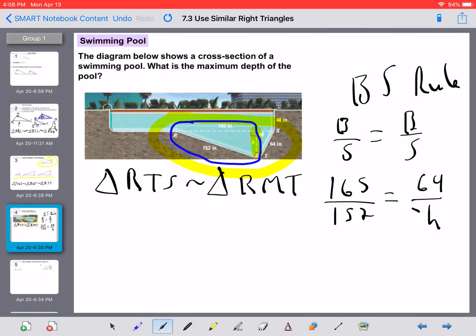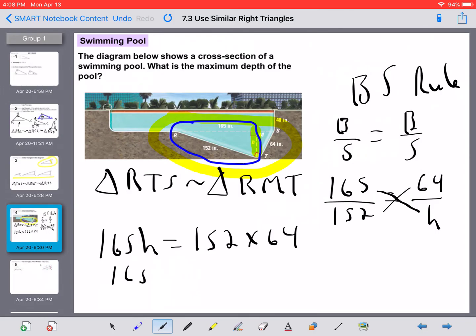Now the next step is to cross multiply. So we'll get 165h equals 152 times 64, which equals 9,728.